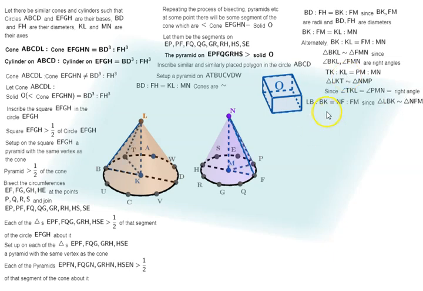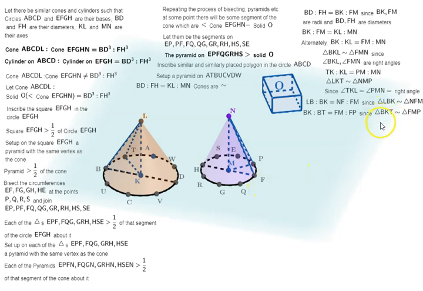LB is to BK as NF is to FM, since these two triangles are similar. Now BK is to BT as FM is to FP.